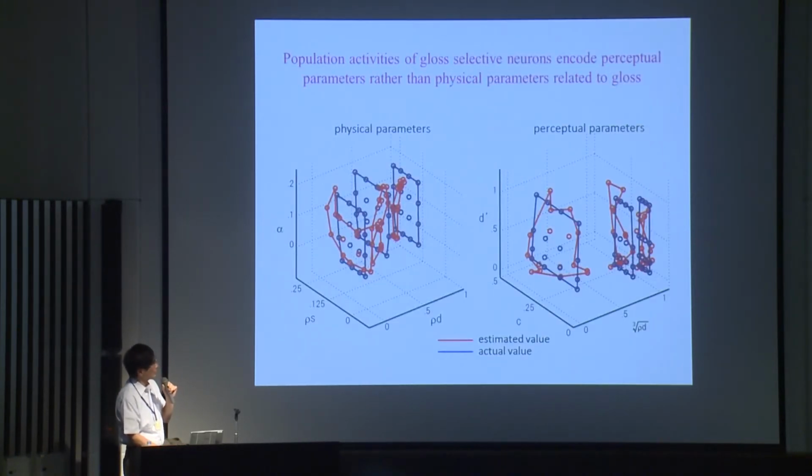And this slide shows the relationship between the actual value, indicated by blue, and the estimated value, indicated by red, for physical parameters alpha, rho S, rho D, and perceptual parameters d', c, cube root of rho D. And as you can see, the fitting is much better for perceptual parameters than for the physical parameters. So this indicates that population activities of gloss-selective neurons seem to encode perceptual parameters rather than physical parameters related to gloss.